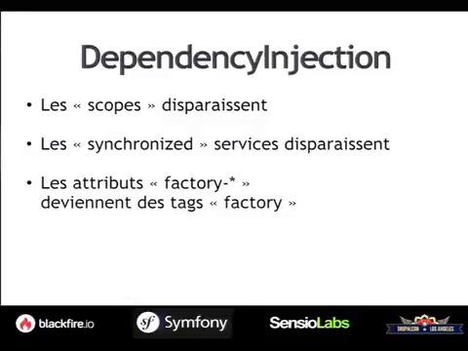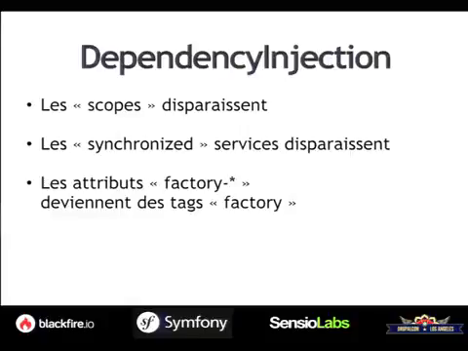stacked requests. And synchronized is also deprecated because it was added again just because we had request as a service. That's an interesting story by itself. Just because we made this big mistake of defining the request as a service, we added a bunch of features in the container just to be able to deal with this mistake.